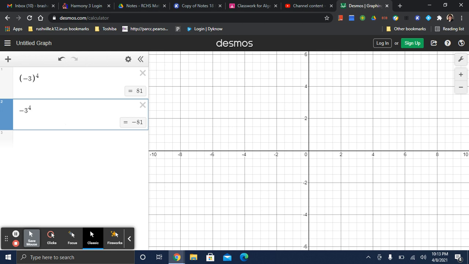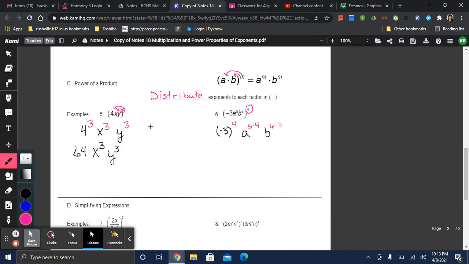You would need to use the parentheses to get the correct one. So 81 positive is the correct answer for this because we needed the parentheses. So this is 81, and then A would be to the 20th power and B to the 24th power.